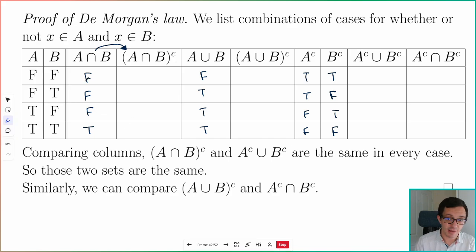So this F here turns into T here if you're not in the intersection. Whatever this case is, my element is not in the intersection, so it is in the complement. So I get this. It just switches these, going from there to there.